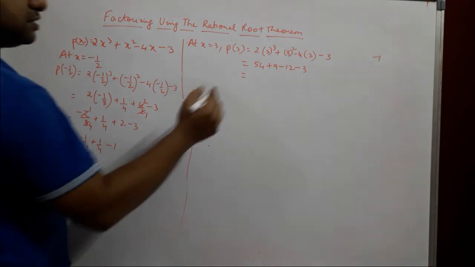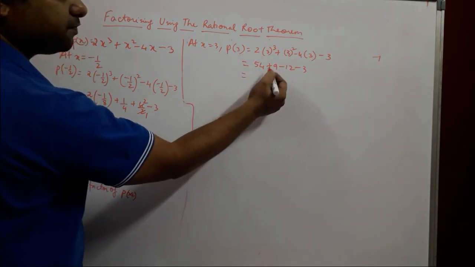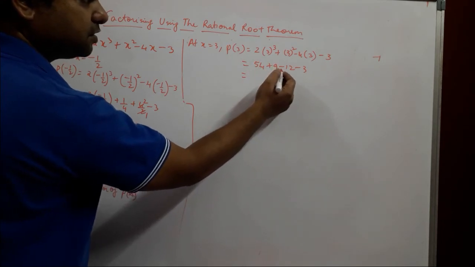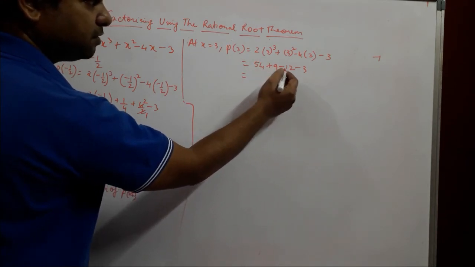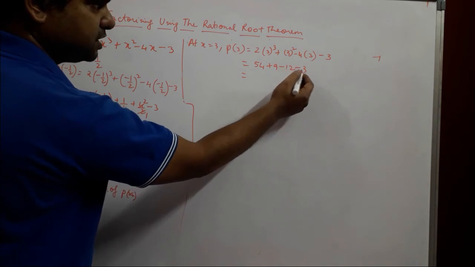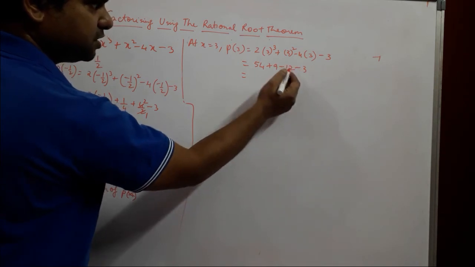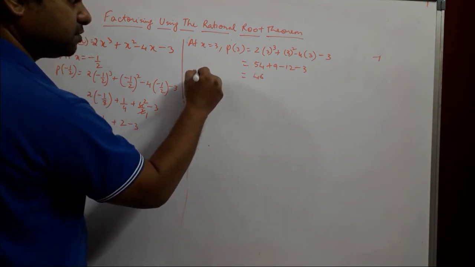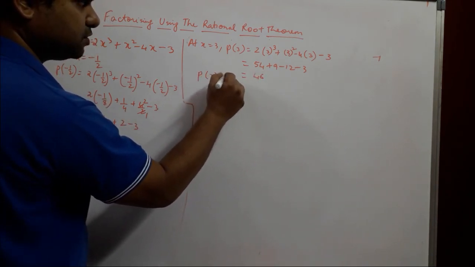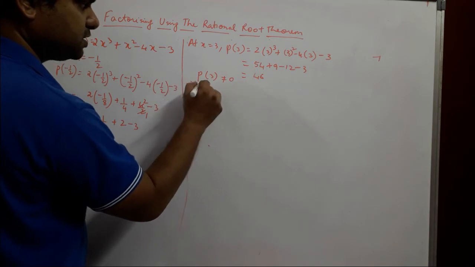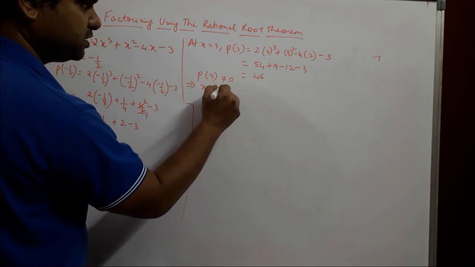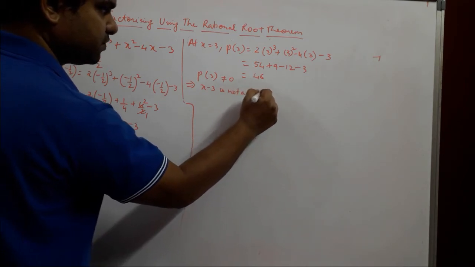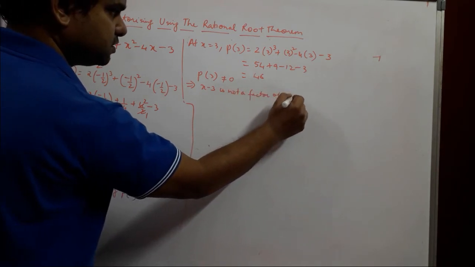So obviously it is not equal to 0 over here, but we'll calculate this further. Plus 9 minus 12 gives us minus 3, and minus 3 gives us minus 6. 54 minus 6 gives us 48, which means that P of 3 is not equal to 0. This implies x minus 3 is not a factor of P of x.